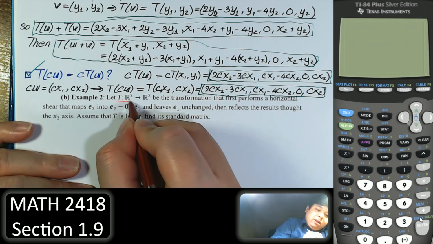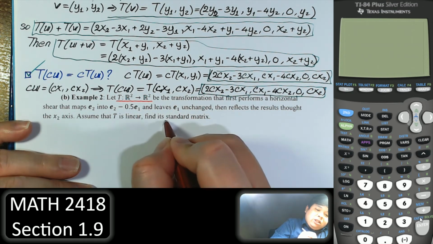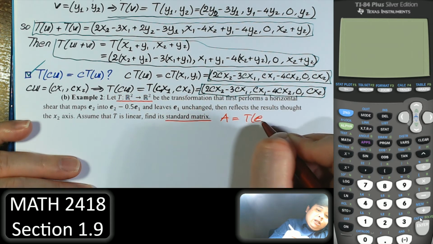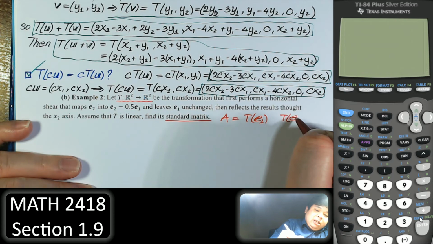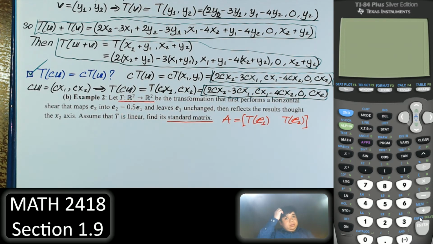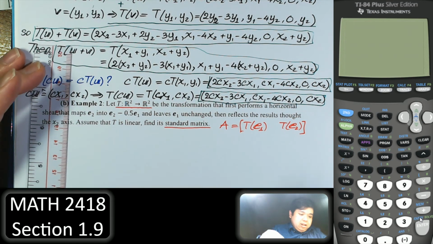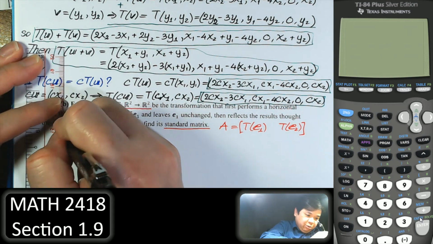Again, this is from R2 to R2, so the standard matrix is going to be equal to T(E1) and then T(E2). Yeah, so we just need to figure out what is the transformation of E1 and E2. Of course, E1 is 1, 0, E2 is 0 and 1. Right. Let's just look at the map. Try to draw it here.